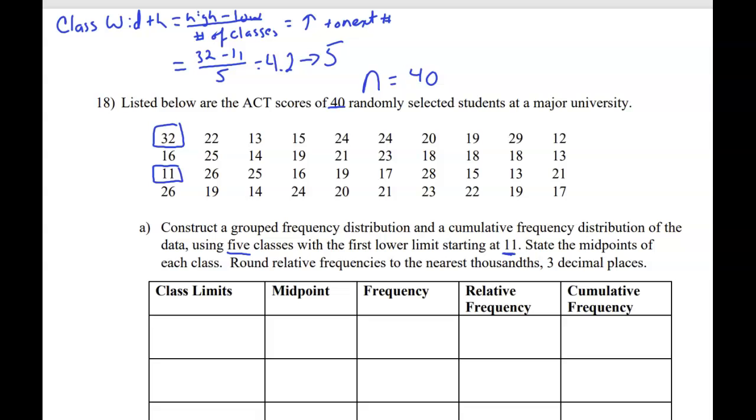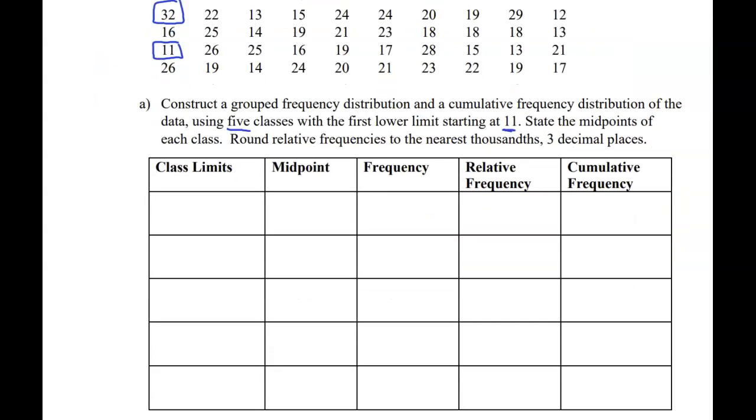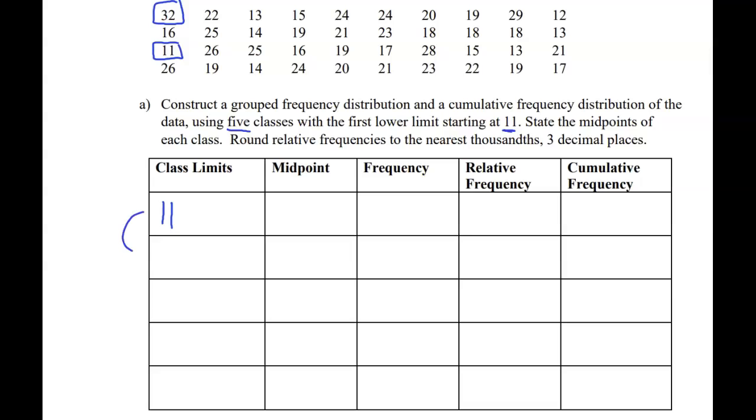So as I create my classes, it tells me I'm going to start at 11. Usually you start at your lowest value. And then you are going to add that class width down, not across. You're going to add it down.